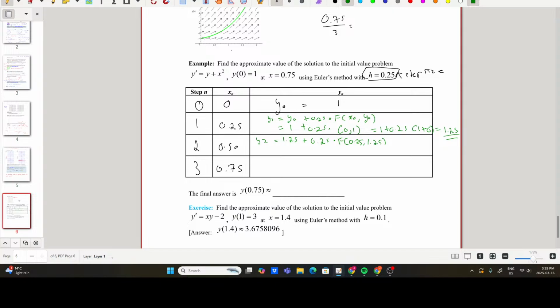So this is going to be equal to 1.25 plus 0.25 times (0.25 plus 1.25), so 1.25 plus 0.25 multiplied by 1.50.